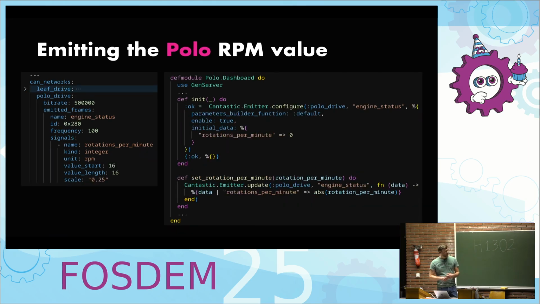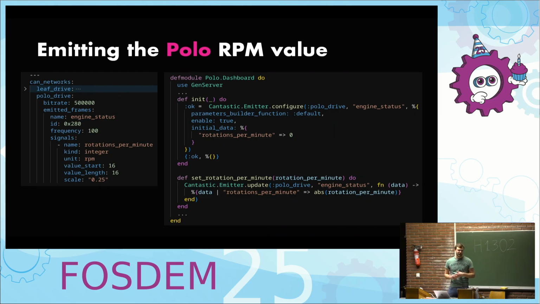On the dashboard side, we define just one emitted frame, so the engine status one. We apply the scale that we reverse engineered, so we don't have to think about it in the business logic. And here we will just configure the emitter such that it starts emitting immediately with RPM of 0. And we implement that set rotation per minute function that will just update the emitter with the new value.